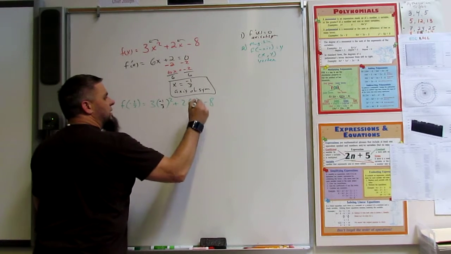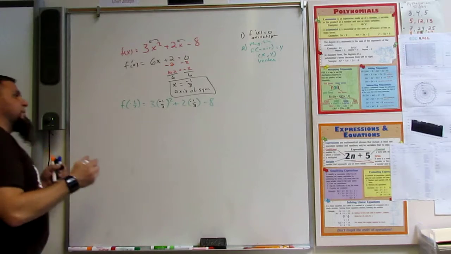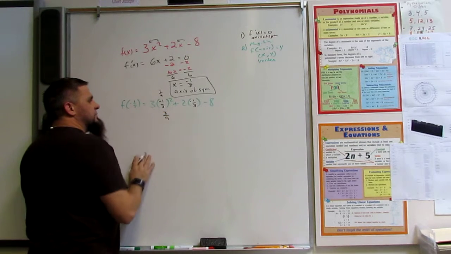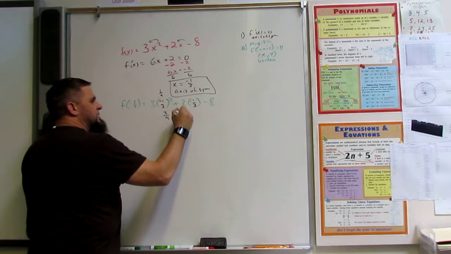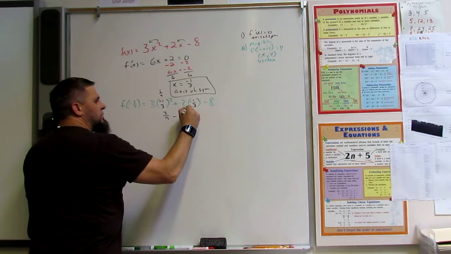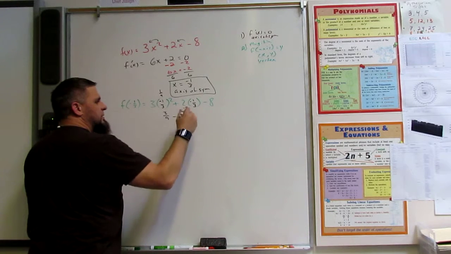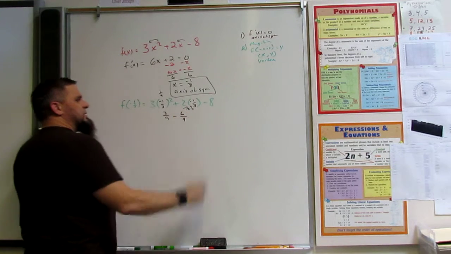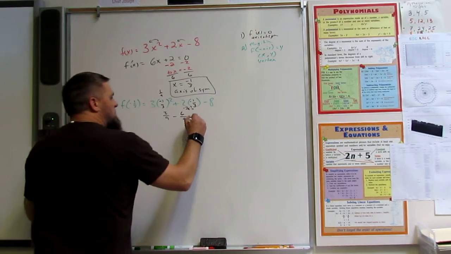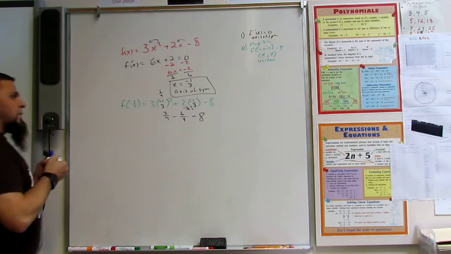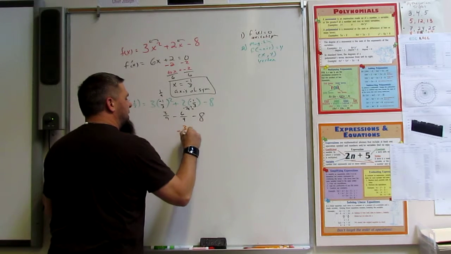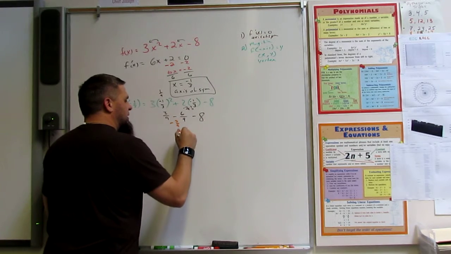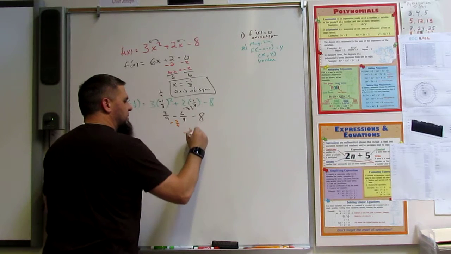So here I get 1/9. 3 times 1/9 is 3/9, and this is minus 2/3, which can be rewritten as minus 6/9. Minus 8. This is going to be minus 3/9, which is minus 1/3, minus 8.